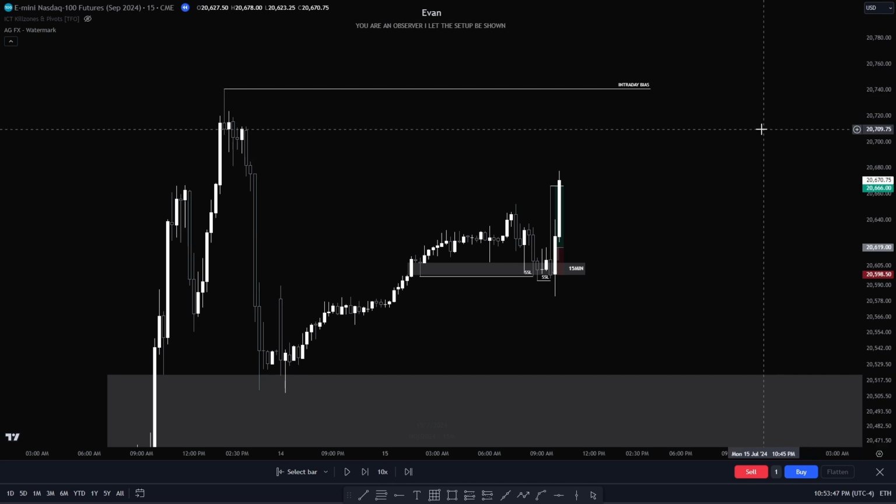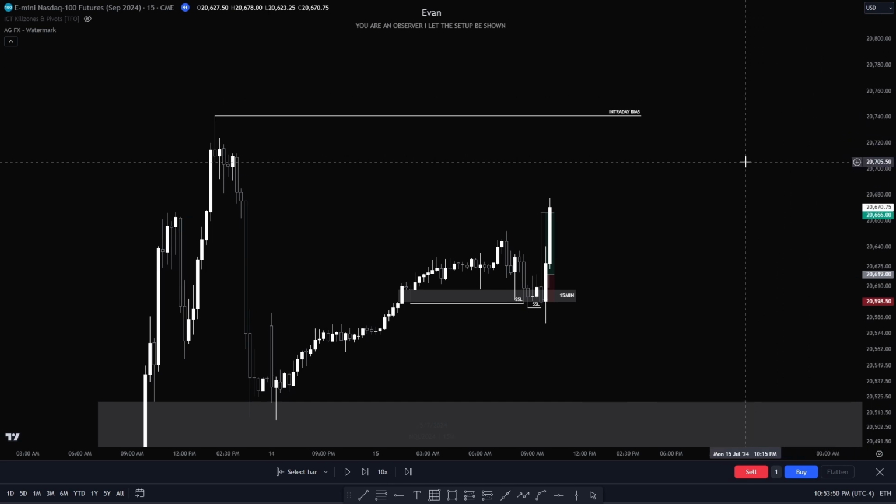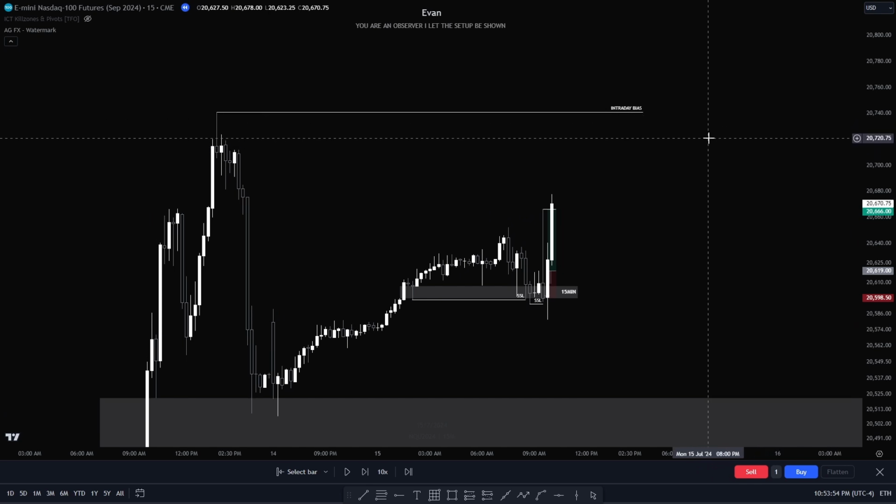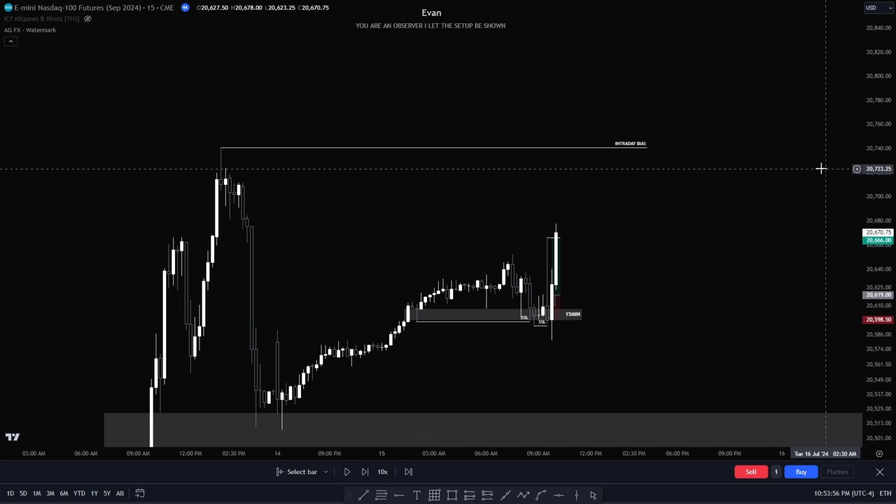bias. And it's fairly easy once you back test it, and once you try to see it in the market and you understand where I'm coming from, right?